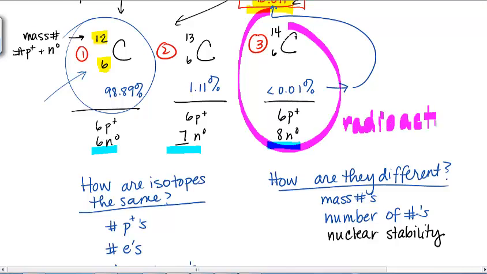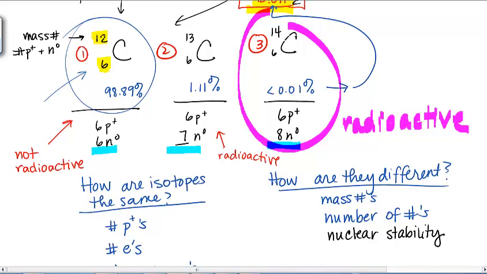Can you read that? I'm writing radioactive. Carbon-13 is also radioactive because its nucleus, which is where the protons and neutrons are, isn't stable, and that's what makes something radioactive. Carbon-12, on the other hand, is not radioactive.